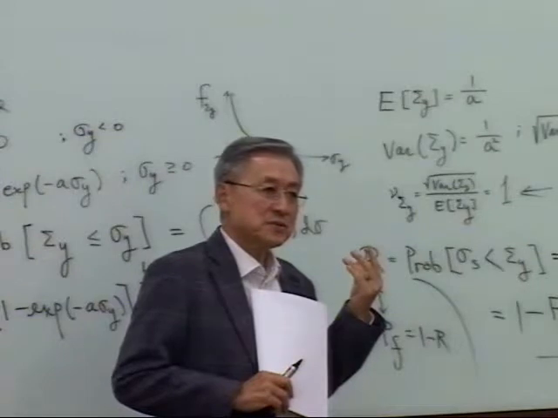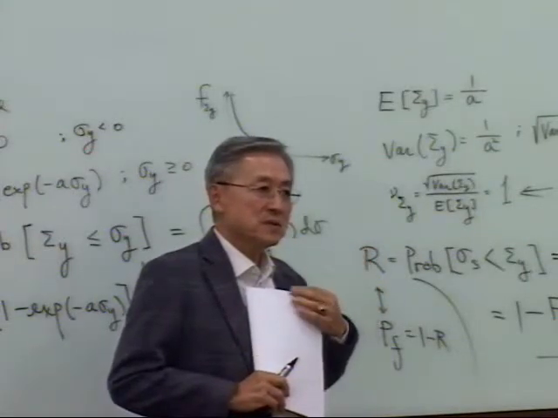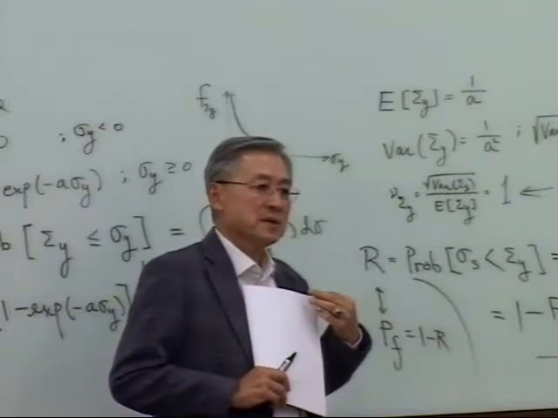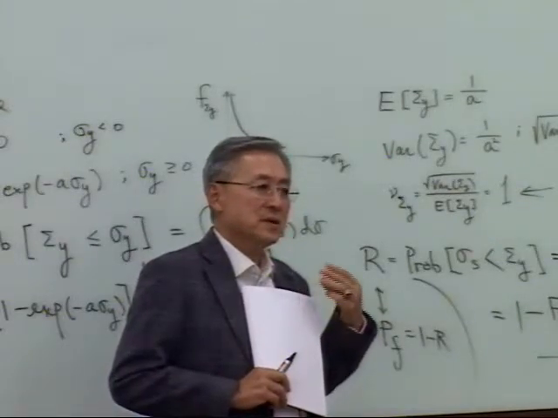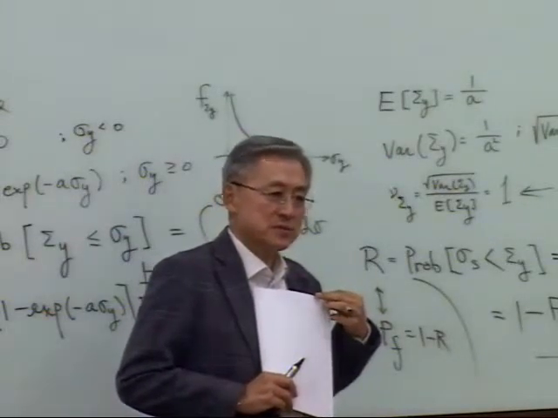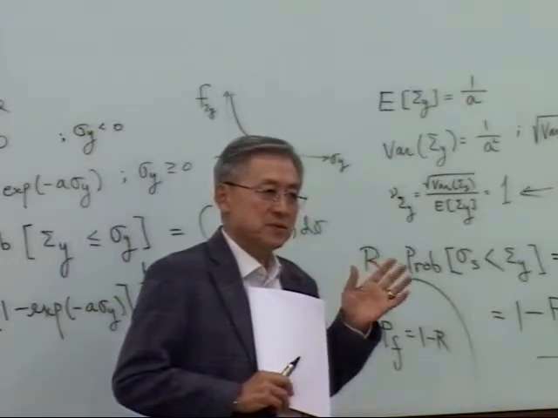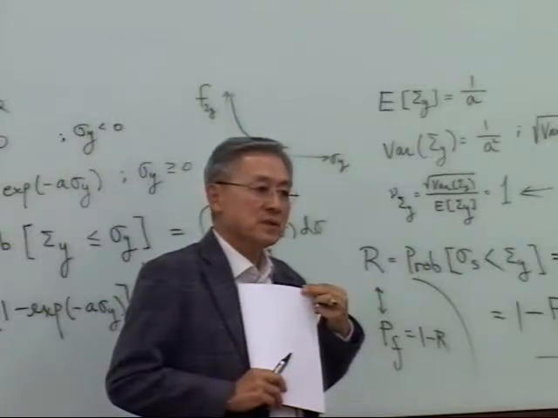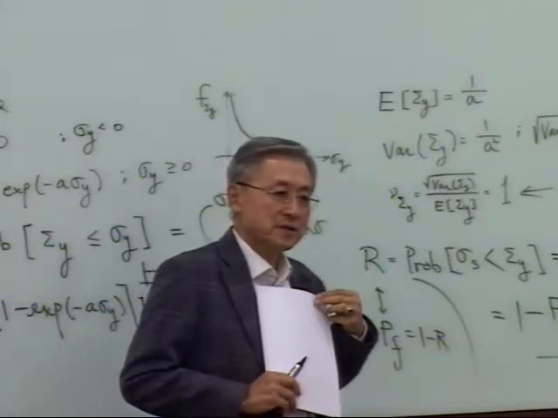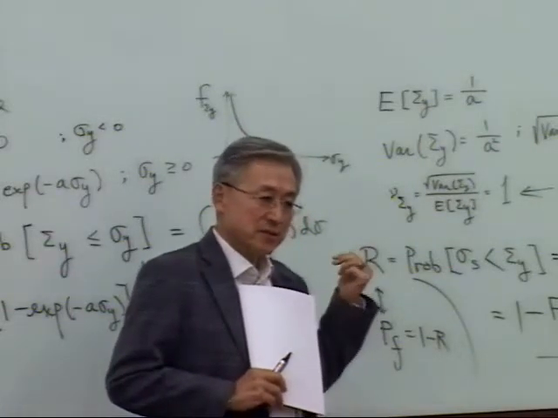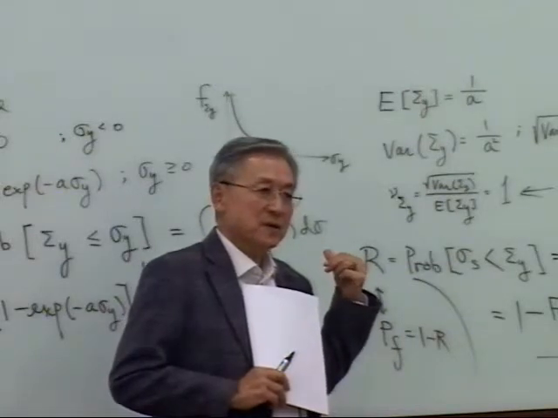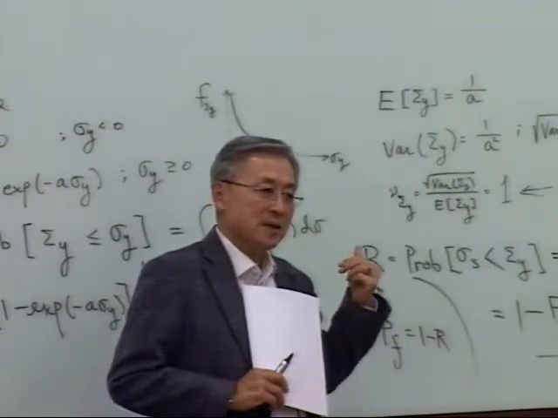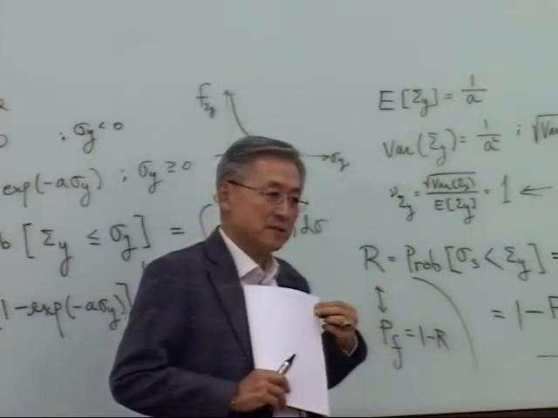Another situation we're going to look into, not today maybe, is when there is a correlation between or among the random variables. It's terrifying. It's bad. In this case, we use actual loading and strengths.